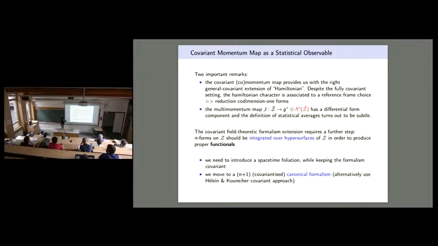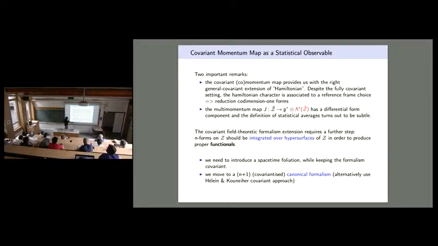So the covariant field theoretic formula requires exactly this further step. Now, this n-form on Z should be integrated over hypersurfaces to get proper functionals. So we need to introduce a foliation, and this again reminds us that we want to be covariant, but still we are dealing with something Hamiltonian. So we need foliations.